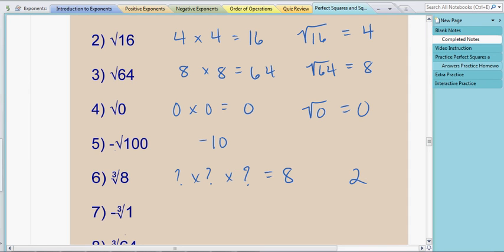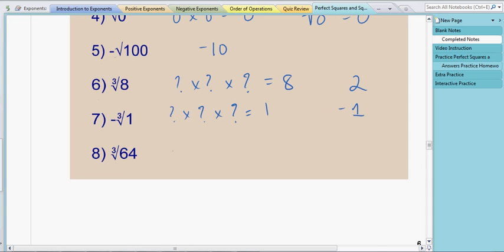The opposite of the cubed root of 1. So what number times itself 3 times equals 1? 1, right? And they want the opposite of it, so it's negative 1. What number times itself 3 times equals 64? If you don't know this one, it's 4. 4 times 4 times 4 is 64.